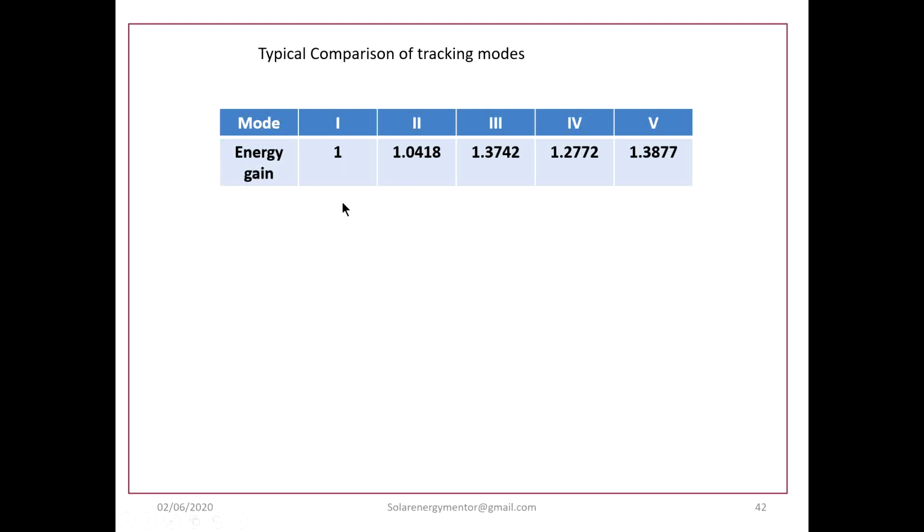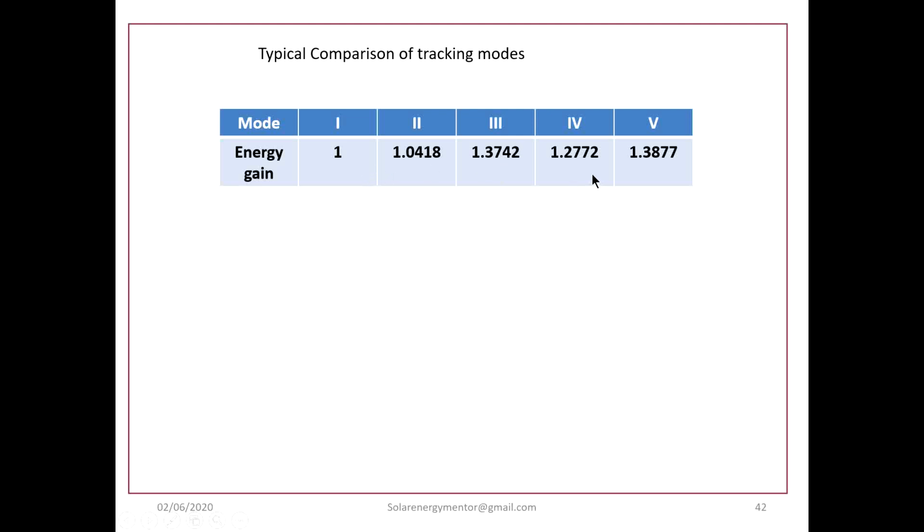If mode 1 gives 1 unit of energy, then mode 2 gives 4% more. So east-west focal axis, once-in-a-day tracking gives 1. Continuous tracking about north-south gives a 4% increase. In mode 3 tracking, there is a 37% increase as compared to mode 1.